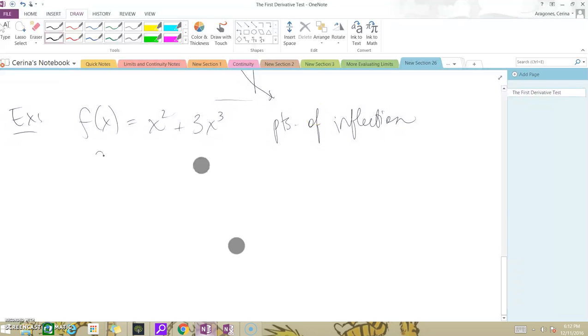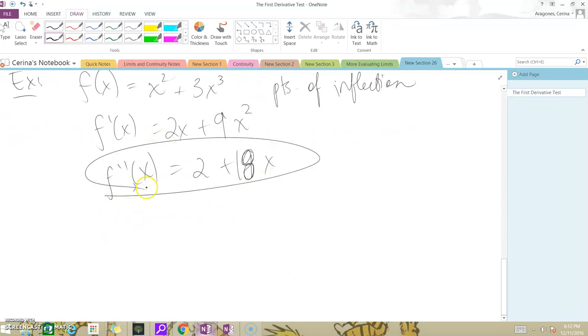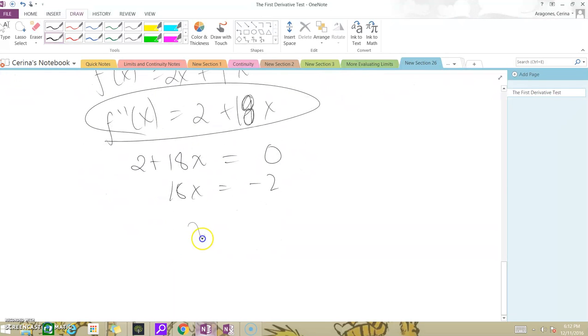So really quickly, we can find f prime, which is 2x plus 9x squared. f double prime is equal to 2 plus 18x. We want to know when this switches signs. So we know it switches signs if it crosses 0, the x-axis. So we have 18x equals negative 2. x equals negative 2 over 18, which is negative 1/9.